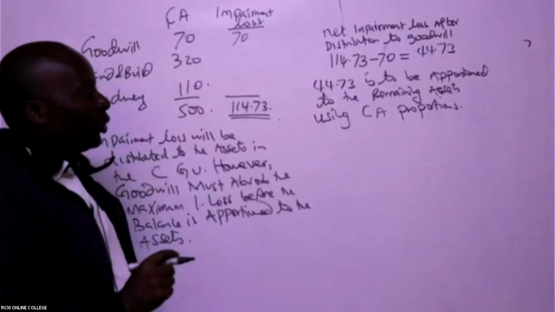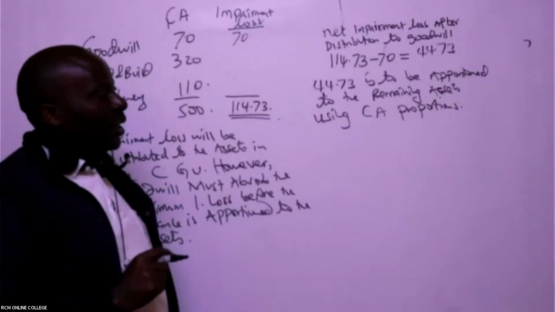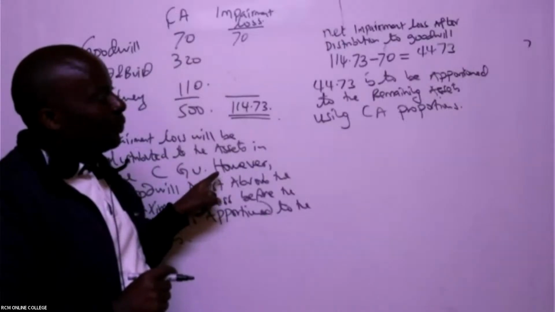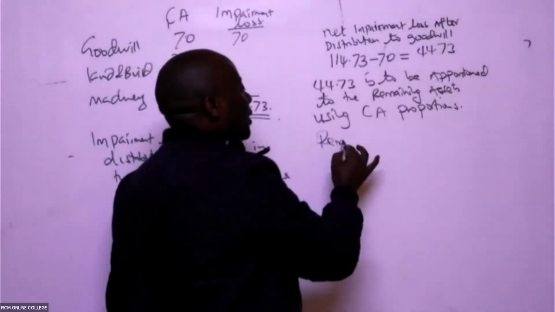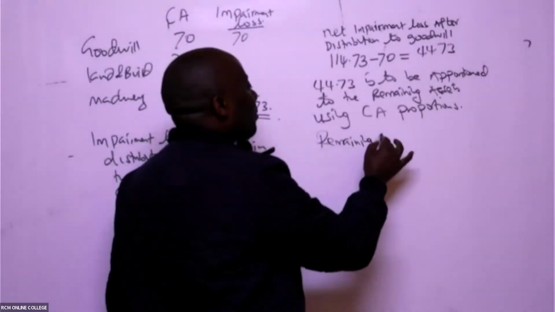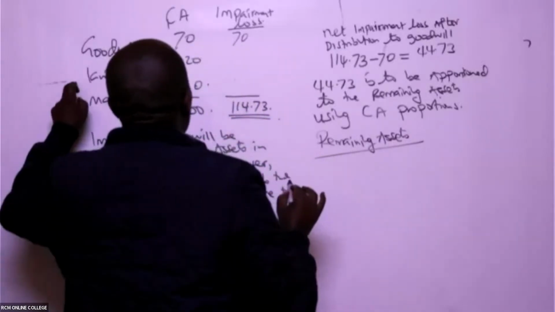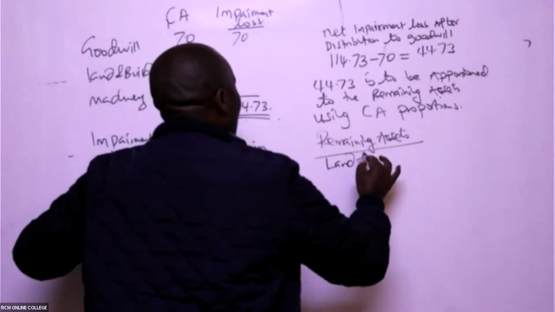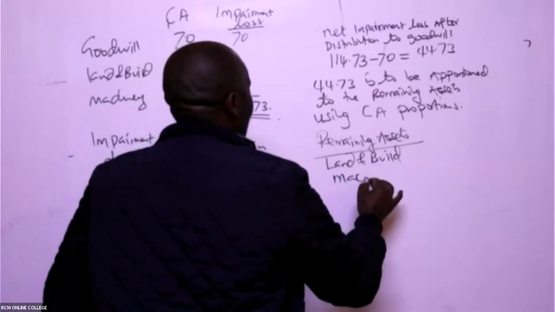So the 44.73 is to be apportioned to the remaining assets, using the carrying amounts proportions. Which assets are remaining? Now goodwill is extinguished. Now we have land and buildings, and then we have the machinery.